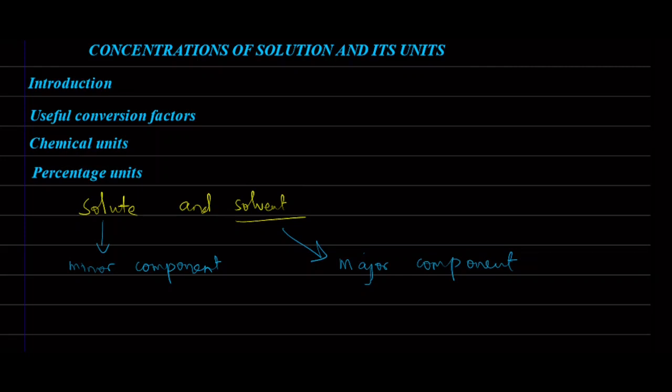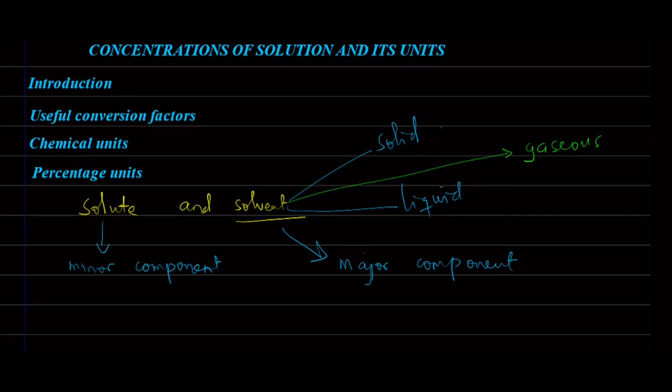It simply means that if the solvent is in solid state, the solution will also be in solid state. If the solvent is in liquid state, the solution will also be in liquid state. And if the solvent is in gaseous state, the solution will also be in gaseous state, because it is the major component of the solution. So its state helps us to determine the state of the solution.